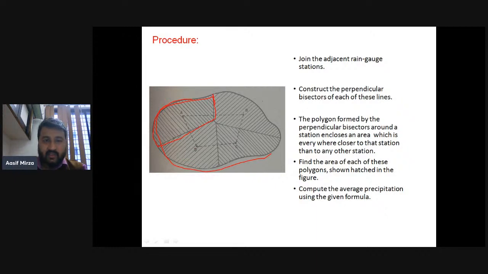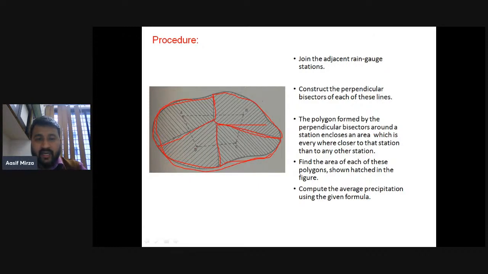Station B is responsible for collecting the rainfall of this area. Rain gauge C is responsible for this area, and lastly station D is responsible for this much area.